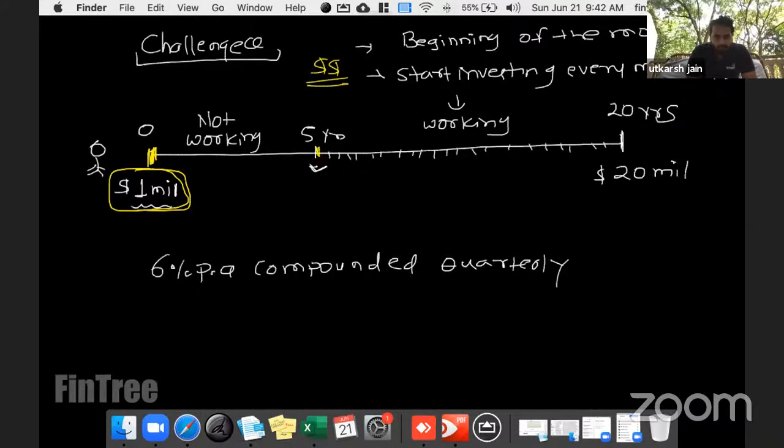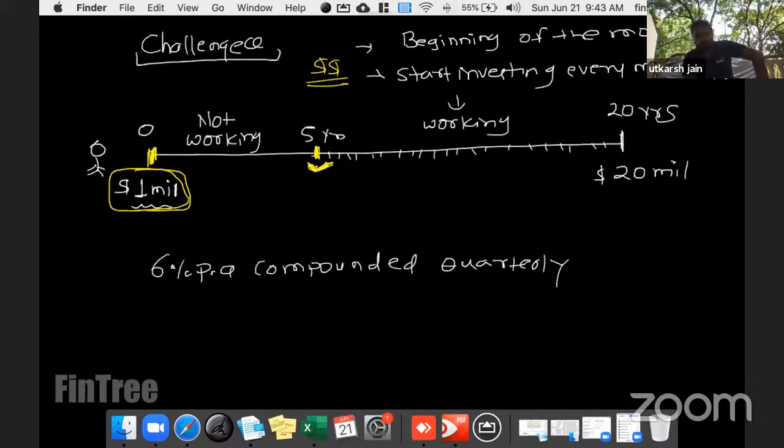But in the first 5 years, since he's not working, he will not be able to make any monthly investment. What he will be able to invest is this 1 million. Starting from the 5th year, he will start investing on a monthly basis because he started working now. The first investment will happen at the end of year 5.